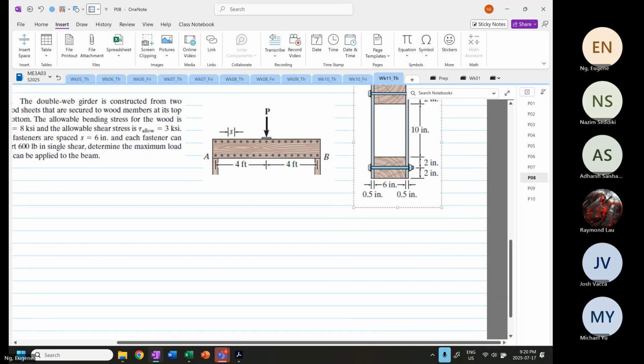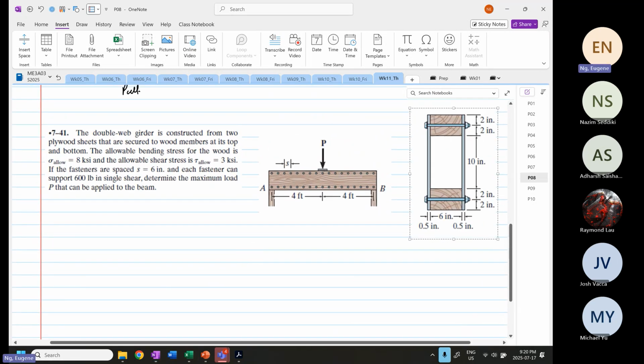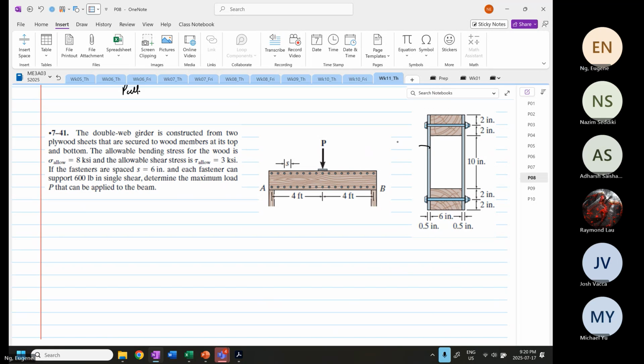Okay, the double web girder is constructed from two plywood sheets that are secured to wood members at its top and bottom. So if you look over here, these are the sheets. This is also the wood sheet.